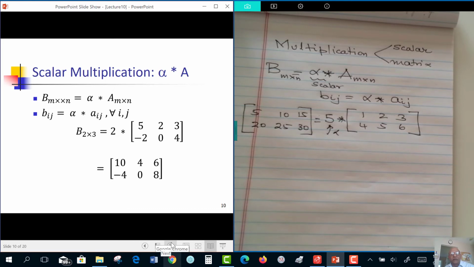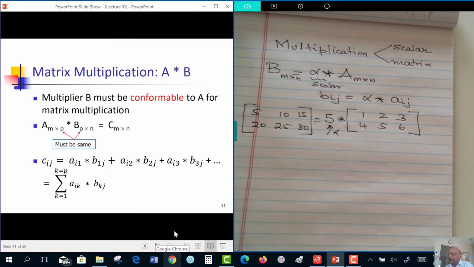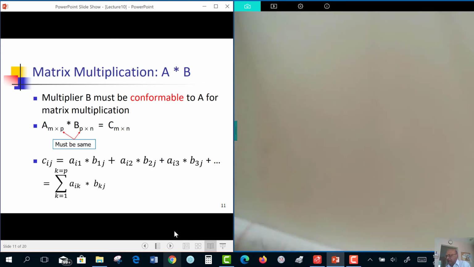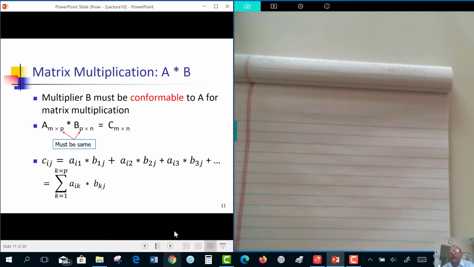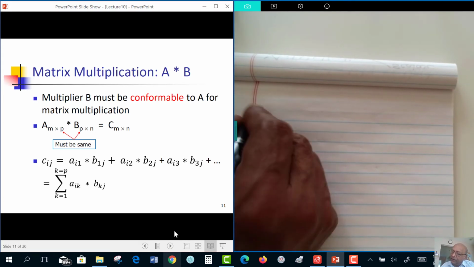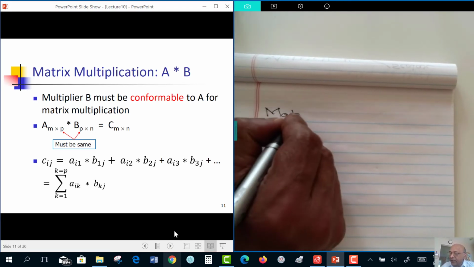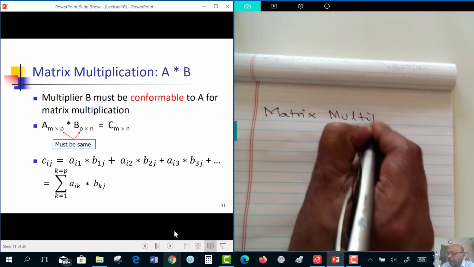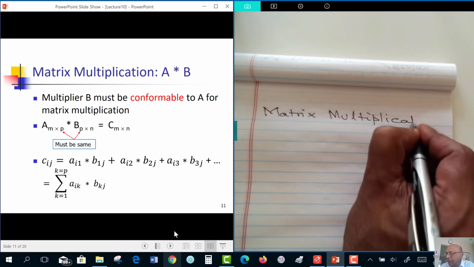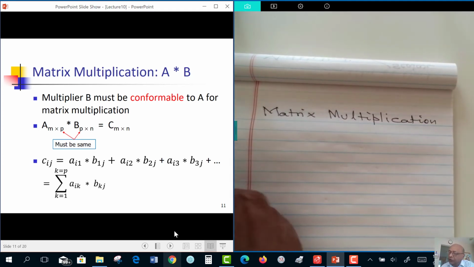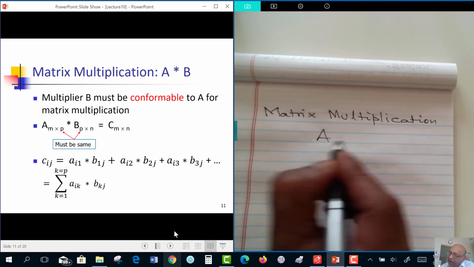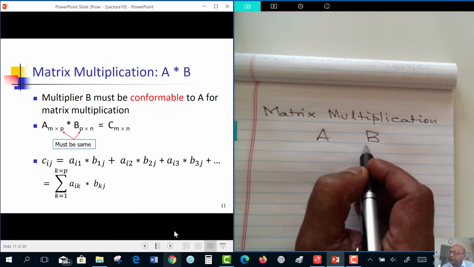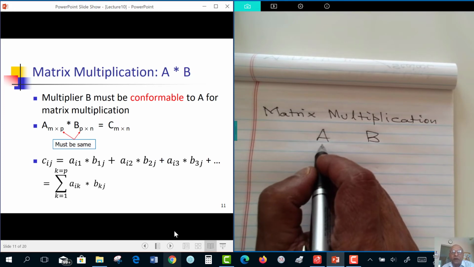So different example, but you get the idea. Now, the most involved operation of the three is matrix multiplication. So here, if we have A and we want to multiply it by B, B must be conformable to A for multiplication.